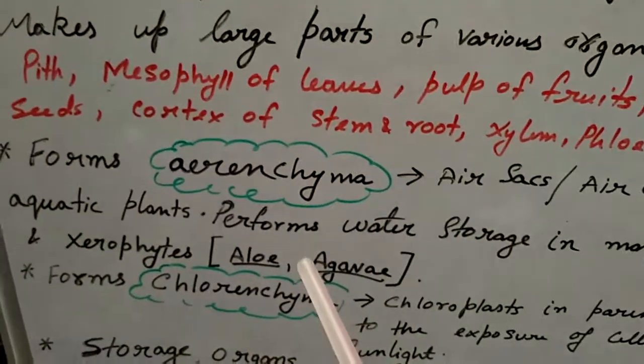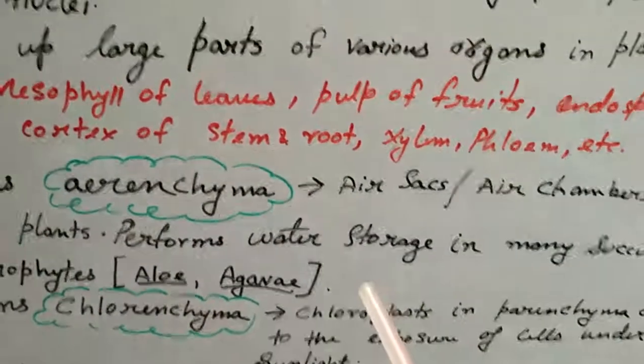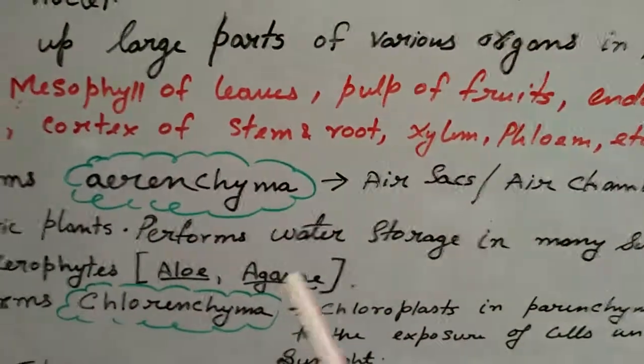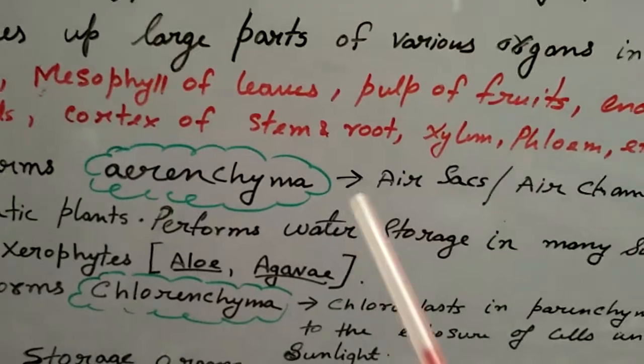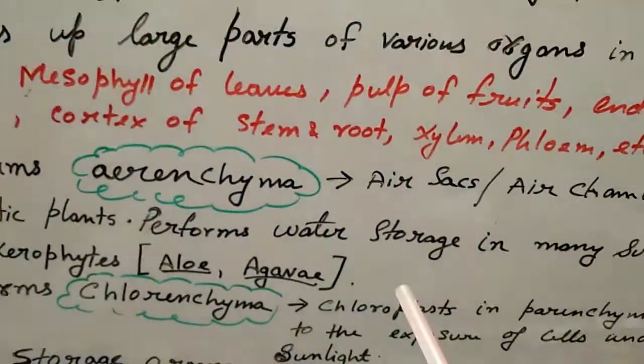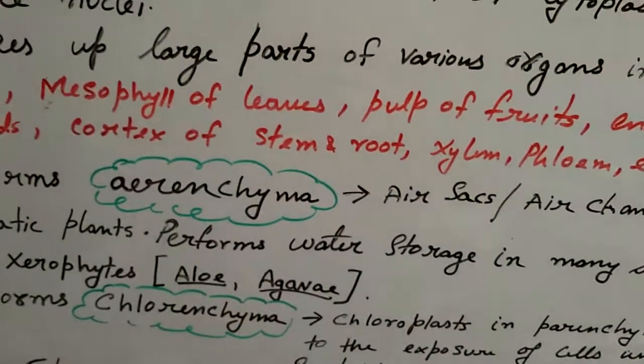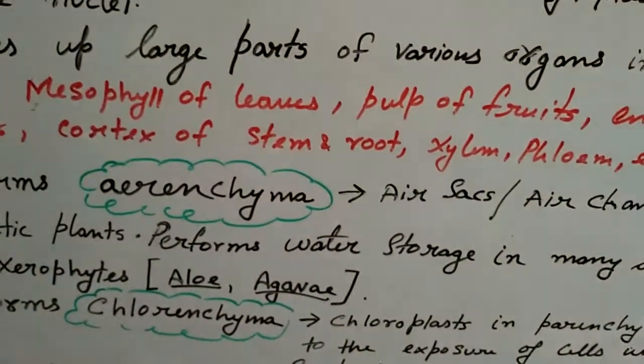Why are they needed? Because they perform water storage and also help in buoyancy, floating. So aerenchyma is needed for water storage, for buoyancy, for the survival of hydrophytes or aquatic plants above the water surface.